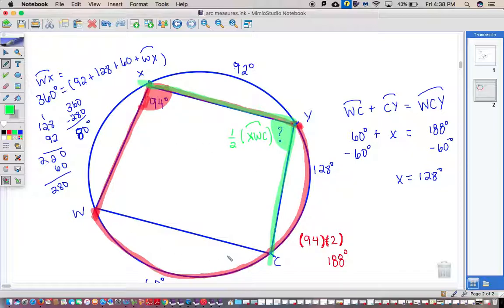Arc XWC can be found by saying 80 plus 60 is 140. It's a minor arc and not a major arc, but it would be 1/2 of arc XC, where XC is 140 degrees, so my angle measure would be 70. So the missing angle is 70 degrees.